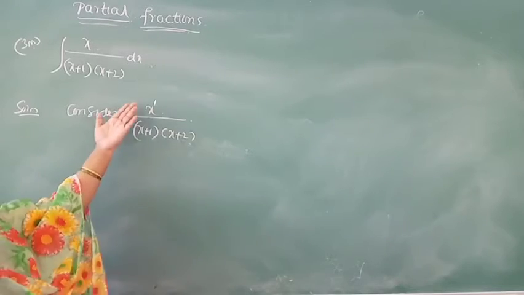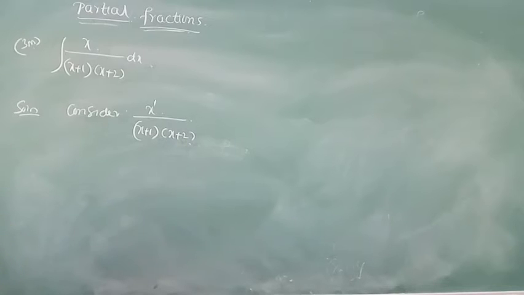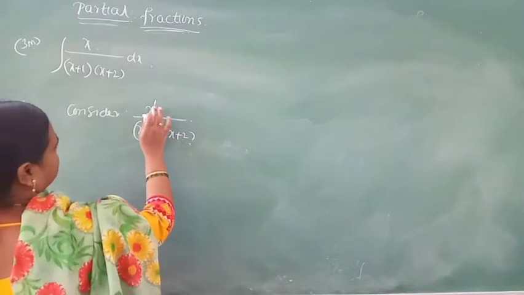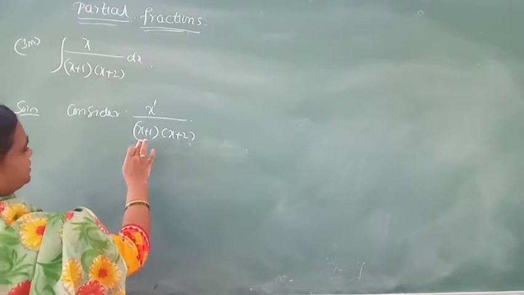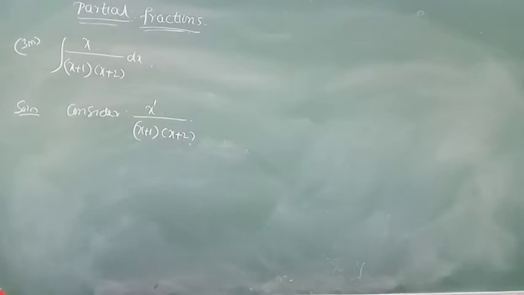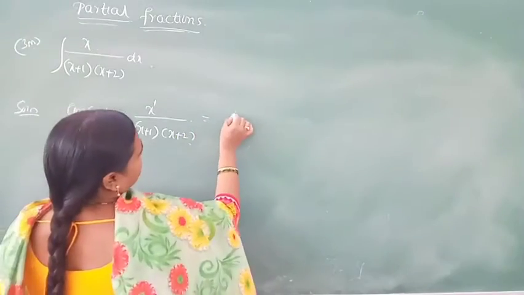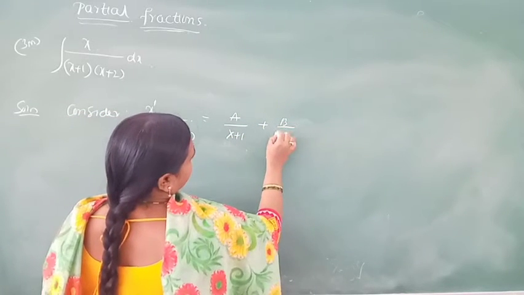Therefore it is a proper fraction. If it is a proper fraction, we can continue. And x plus 1, x plus 2, these two roots are different, meaning non-repeated. Non-repeated means you can write this as a by x plus 1 plus b by x plus 2.